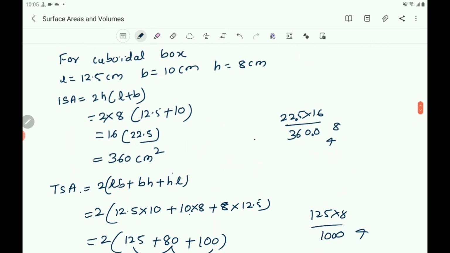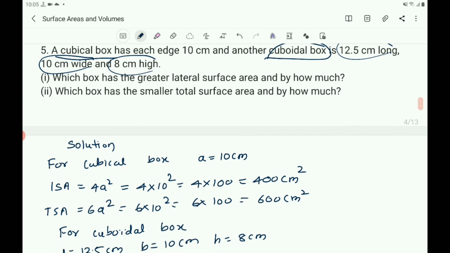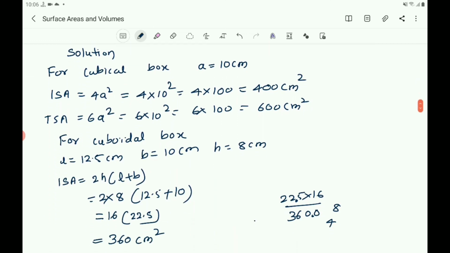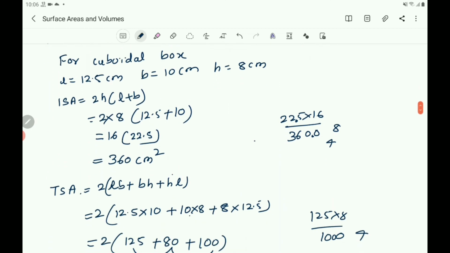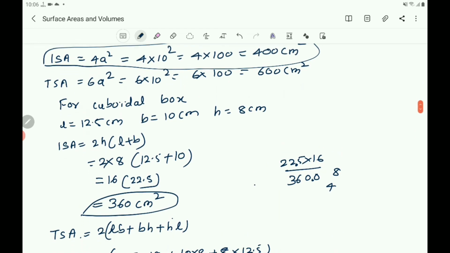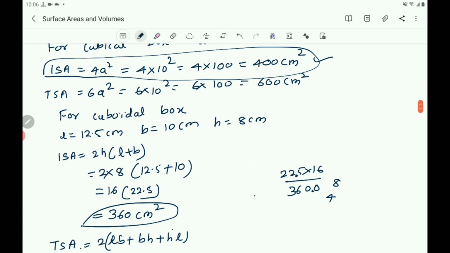What is the question? First, which box has the greater lateral surface area? Find the lateral surface area of the cubical box and the lateral surface area of the cuboidal box. That is 360, this is 400. So which is greater here? You know that 400 is greater than 360.